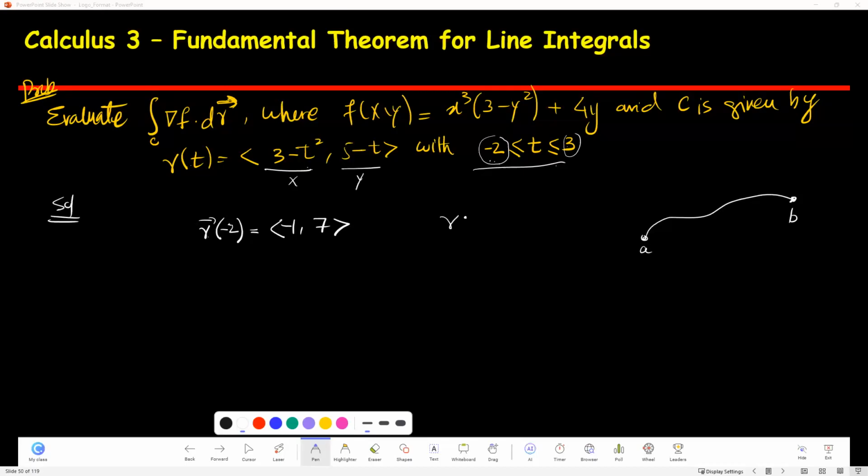For the other side of the coordinate, I'm going to substitute with 3 in r(t), so I substitute t equals 3, and it's going to be minus 6 and 2. Okay, 3 times 3 is 9, 9 minus 3 is minus 6, and 5 minus 3 is 2. We got two values.